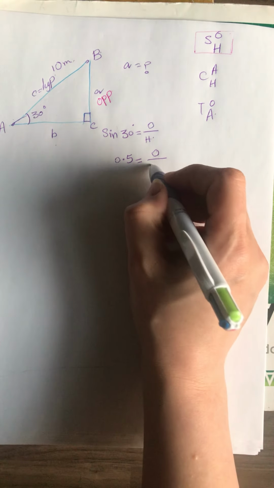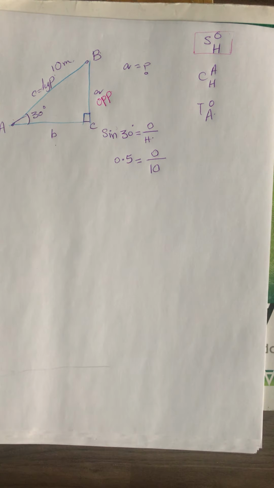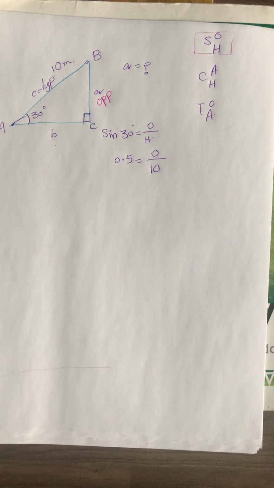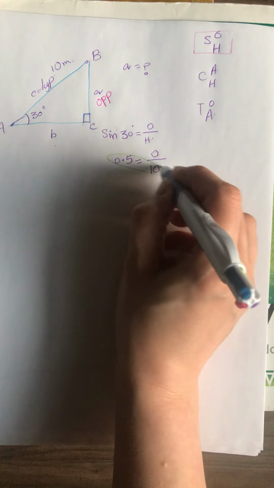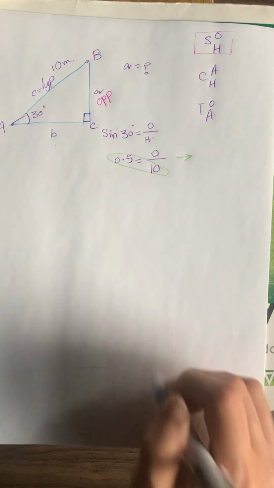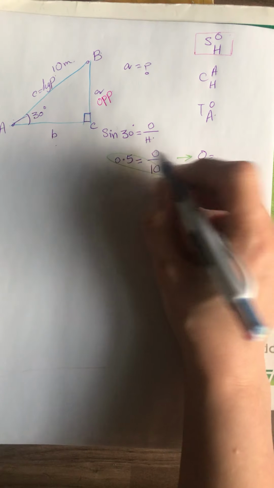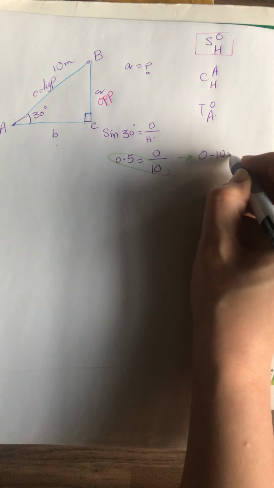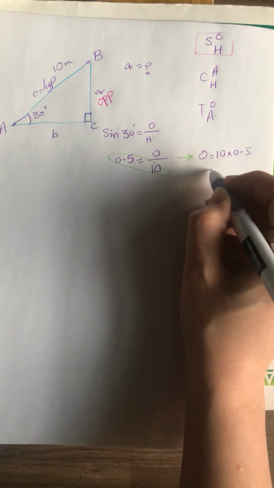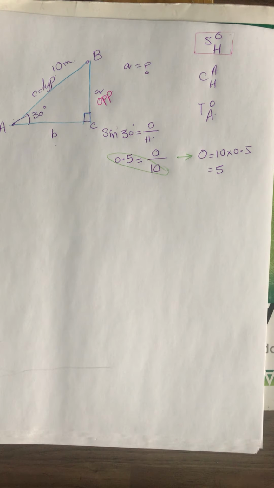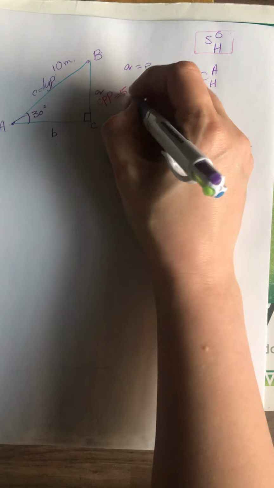Hypotenuse over here is 10. Now I can find the opposite side. How do I find that? Cross multiply. So the opposite side is going to be my O here, right? Equals 10 times 0.5. That's going to be 5. So opposite is going to be 5.